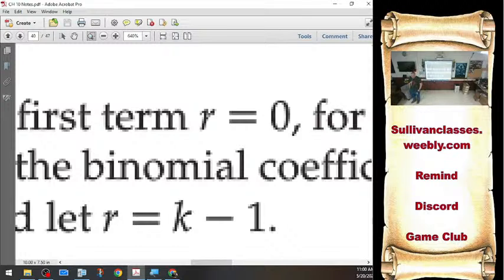Remember r and nCr? So this isn't r as in my common ratio. This is r as in, if I want the kth term of a sequence, they use k because n is already used. Remember, it's the nth expansion. So I can't say the nth term, so they use k. I don't know, they just like k.